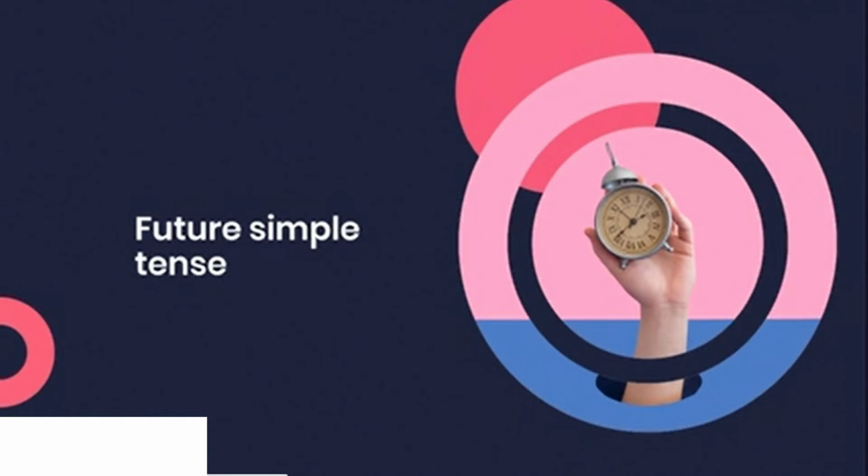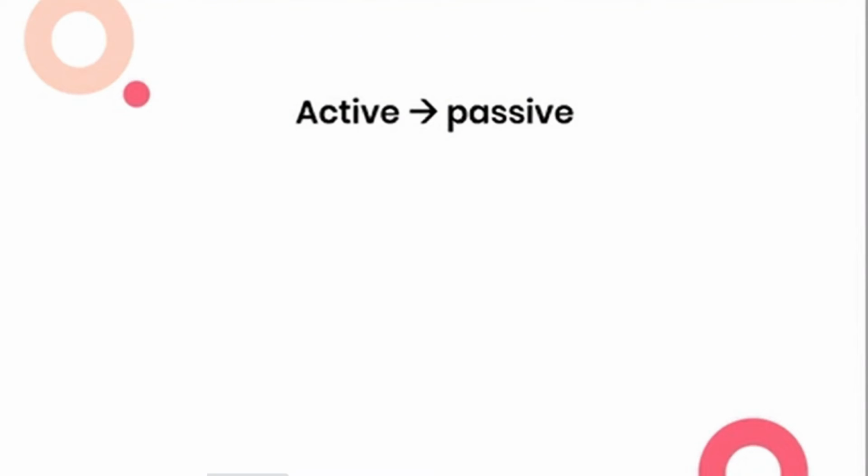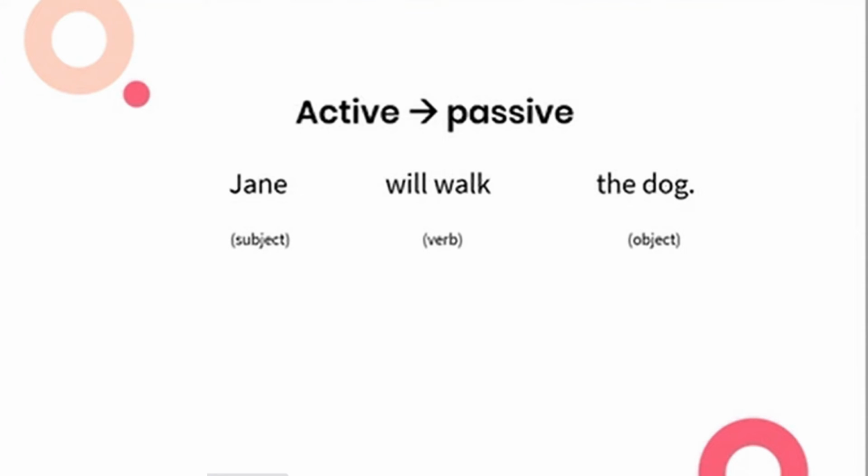Next, we're going to look at future simple tense passive constructions. In the active form, we've got our subject, Jane, we've got our verb in future simple tense, will walk, and we've got our object, the dog. Let's have a look at how the future simple tense verb changes in passive form.